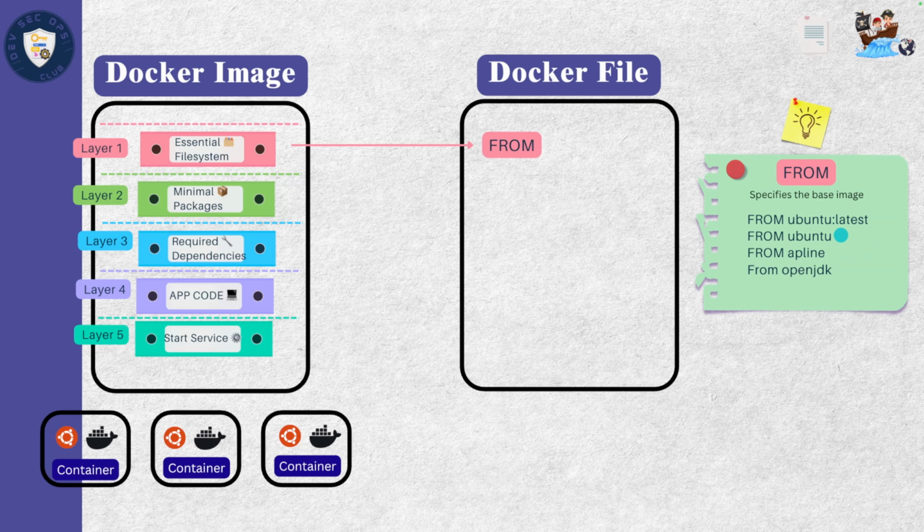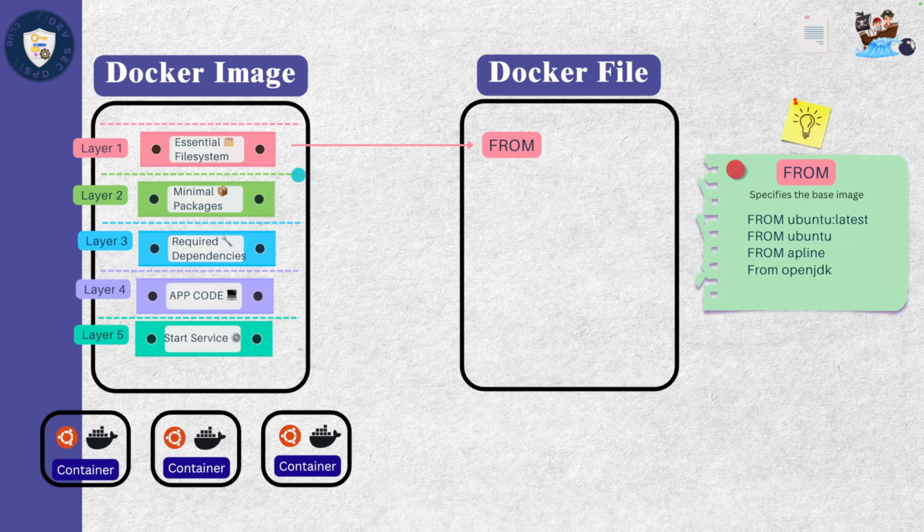In case you are using Ubuntu, you could write FROM ubuntu with a tag, or if you simply, as we already talked about, don't specify any tag, it automatically considers latest. If you are creating your image on top of Alpine, you say FROM alpine, FROM openjdk, and so on and so forth. That's where FROM is one of the instructions which you write.